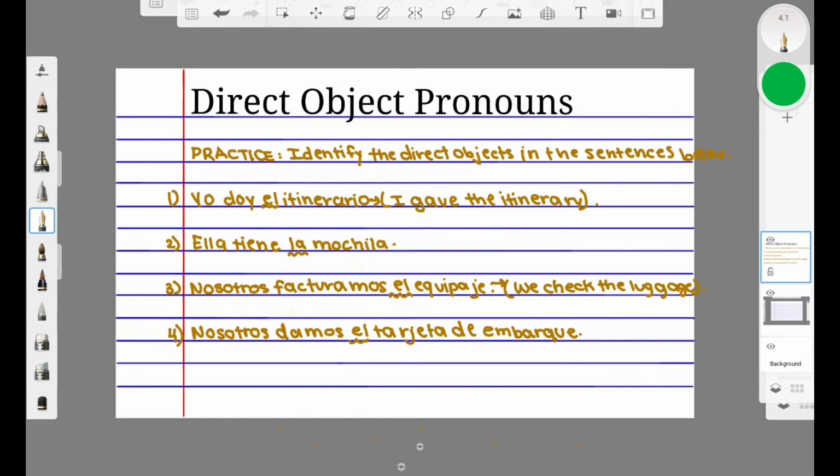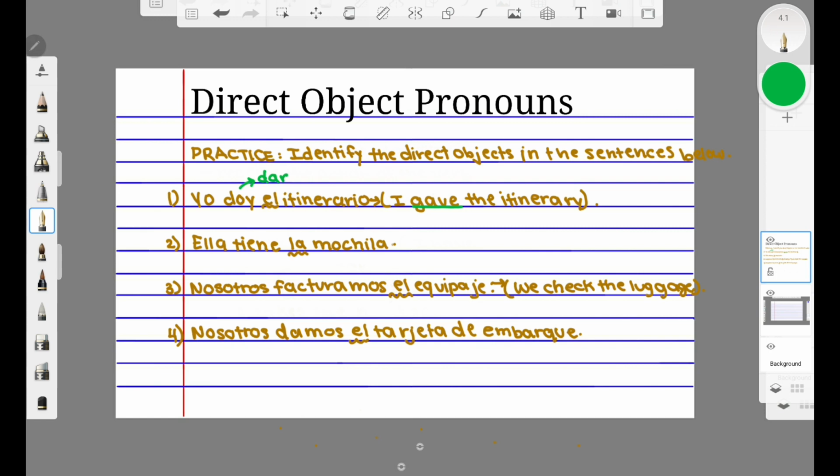Alright, number 1. Yo doy el itinerario. So I did translate this one because we haven't gone over the verb dar, which means to give. So I gave the itinerary. Gave is the verb in this case.